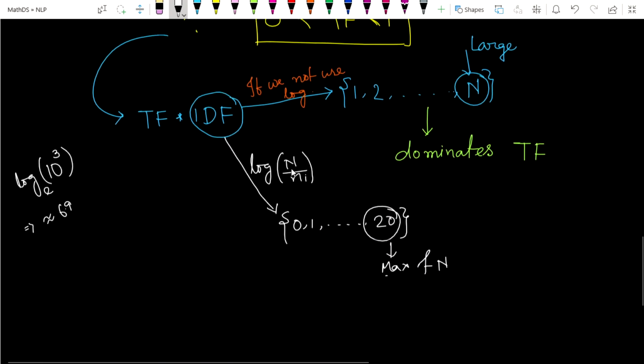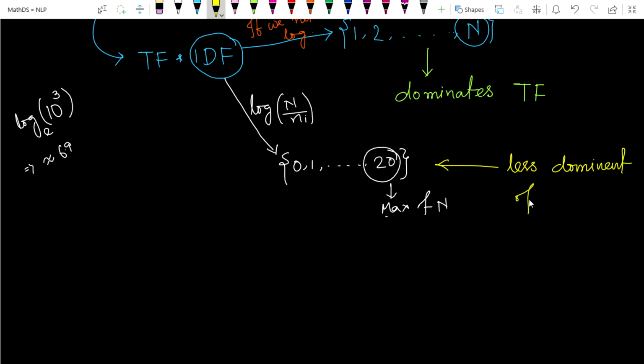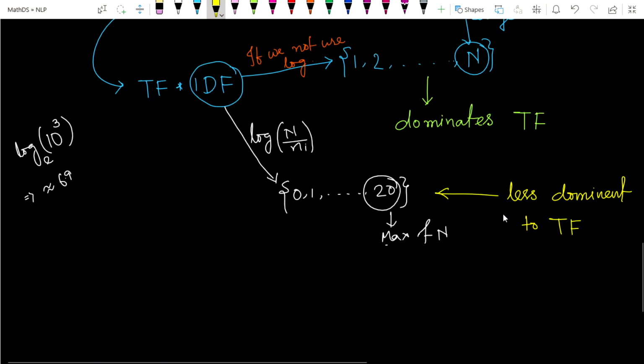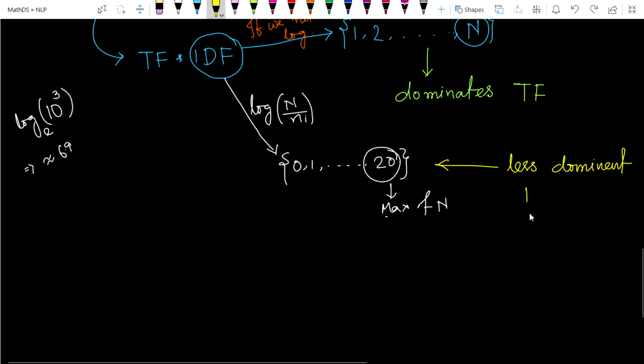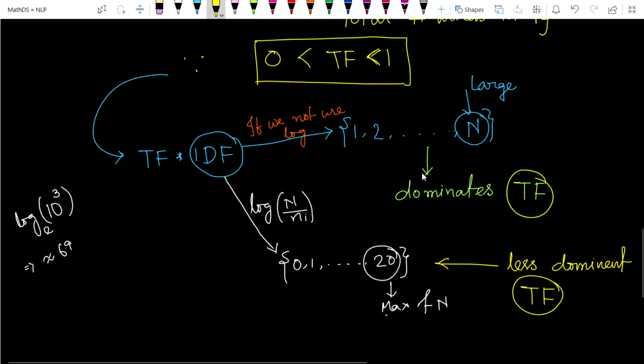So it is less dominant over TF, because of this simple reason.